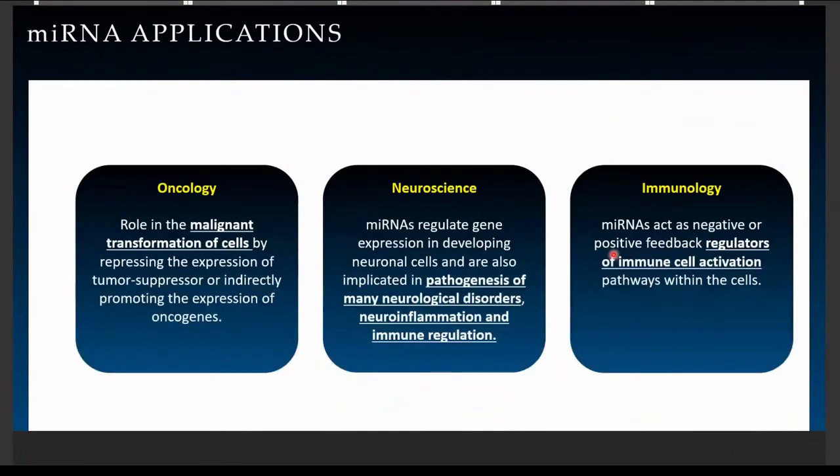So for microRNA applications, we have been used extensively in oncology, neuroscience, and immunology to identify microRNAs that are responsible for initiation of certain malignancies or for promotion of certain neurological disorders and so forth.